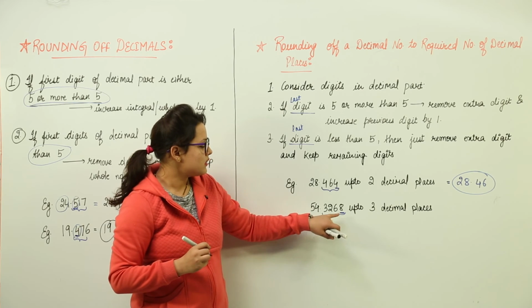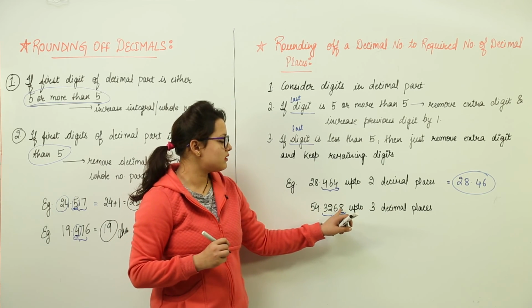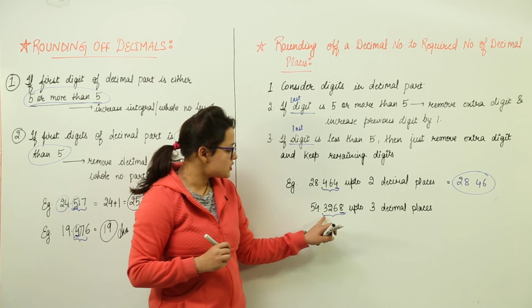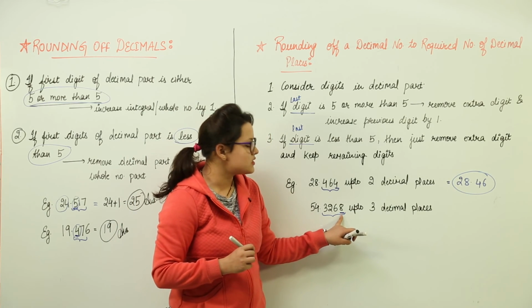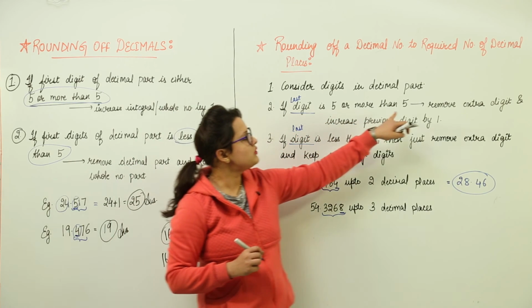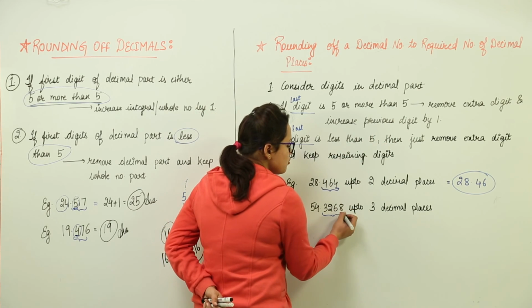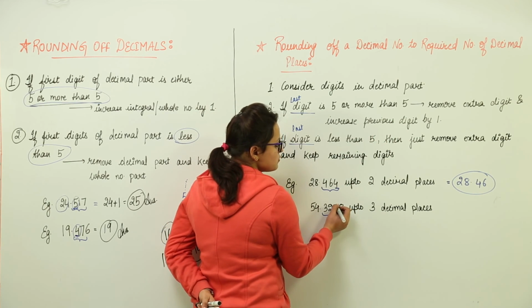What about this one? Here we have to round off to 3 decimal places. That means we have to get rid of the fourth digit. But please check, in the decimal part your last digit is greater than 5 now. What is to be done? We remove the extra digit and add 1 to the previous digit. We remove 8 and we add 1 to 6.